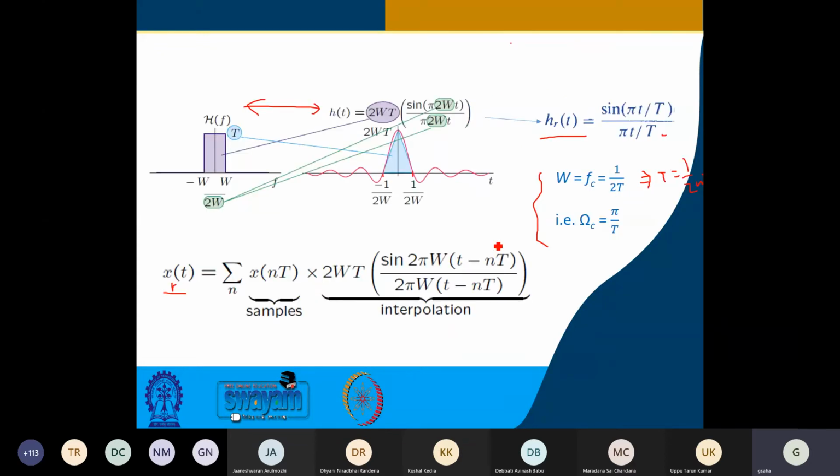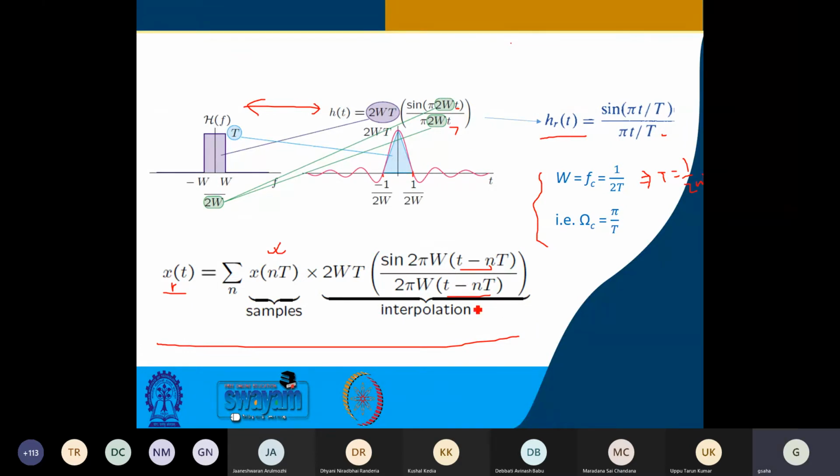So this is t minus nT, this is t minus nT. This is the relationship that you will get. There are two terms. One is the original samples that we have, and now the concept of time has been introduced. The other one is called the interpolation function.